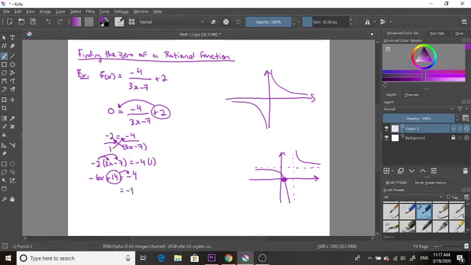It's going to become negative 14, so negative 6x equals negative 18. We're going to divide by negative 6. These negative 6's will cancel out, and we will get x is equal to positive 3. And that is how you would find your zero.